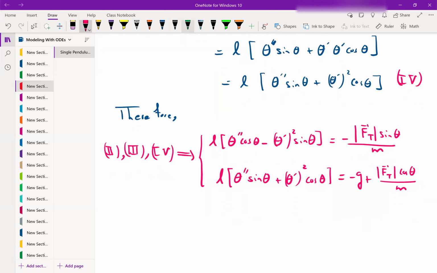So let me actually be very clear about this. Here the unknowns are theta of t and magnitude of the tension force, which is in general a function of time. And our goal is to somehow eliminate this f of t between these 2 equations to come up with one equation for theta of t.